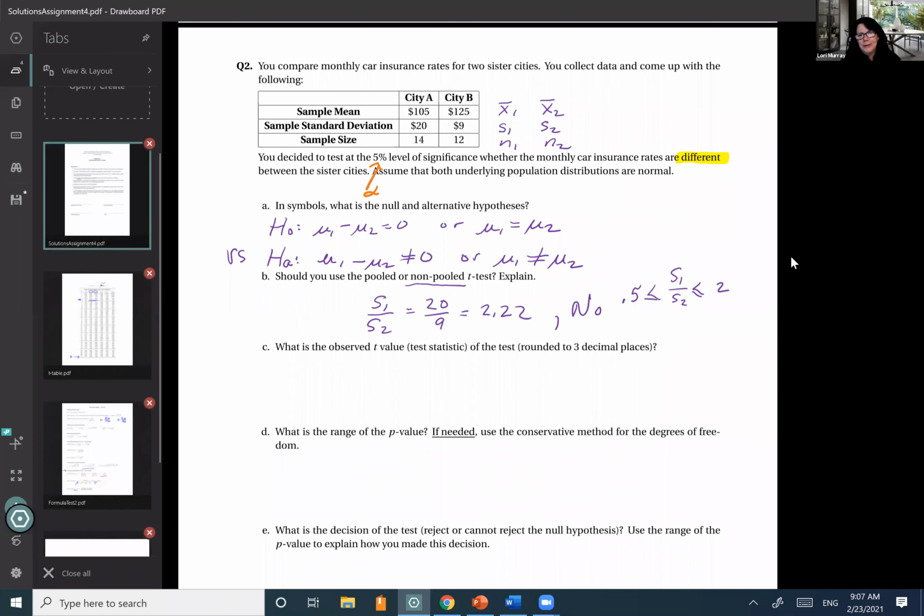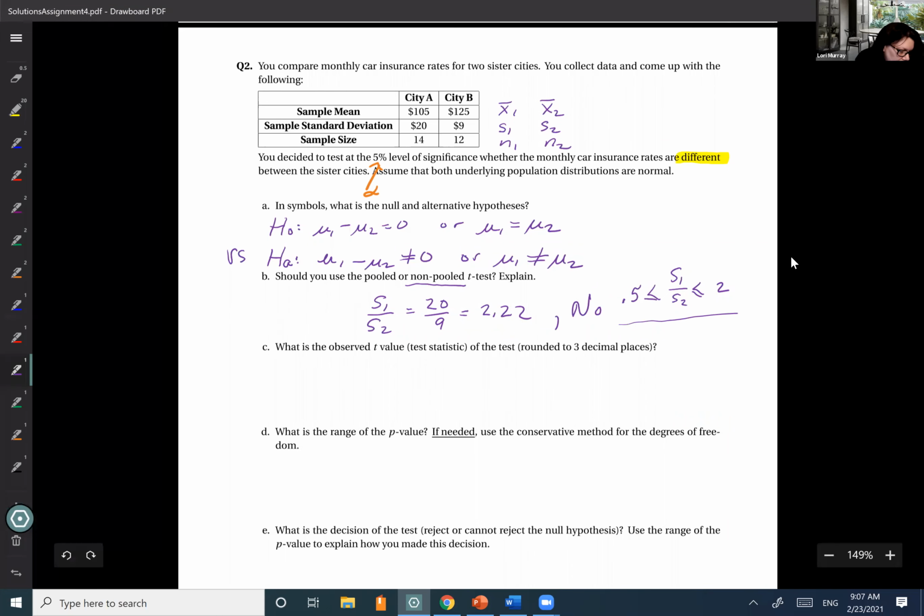When you use the pooled t-test, you're assuming that the population variances are equal, which is not really practical, because when would you have two independent populations with exactly equal variances?